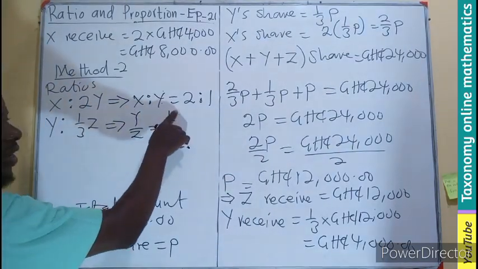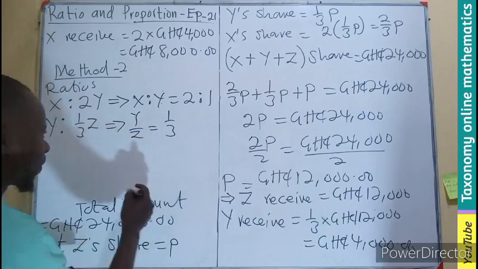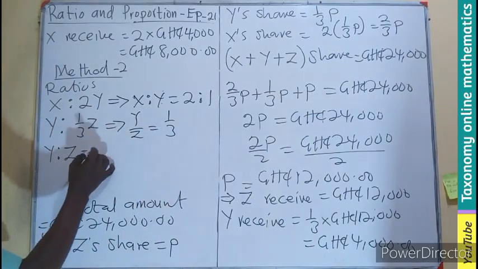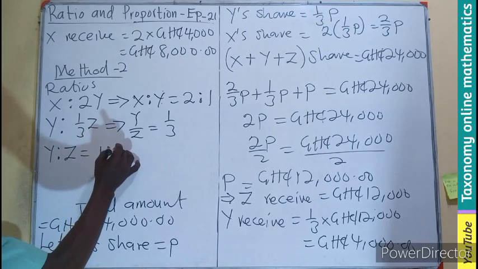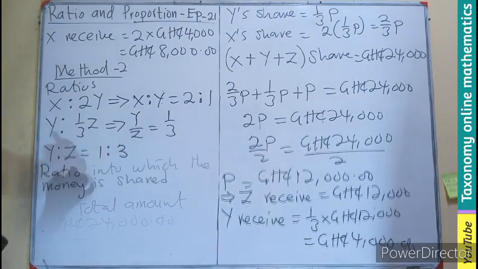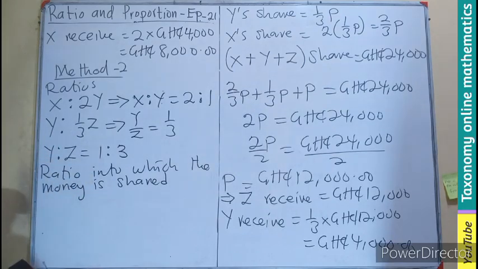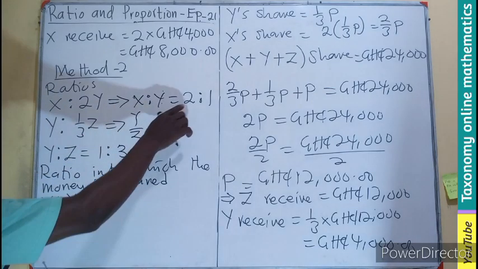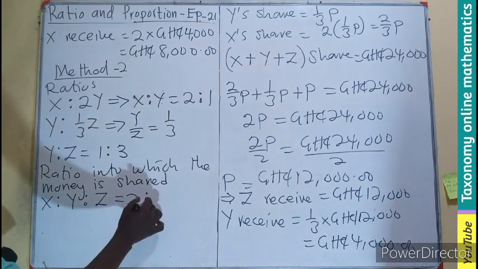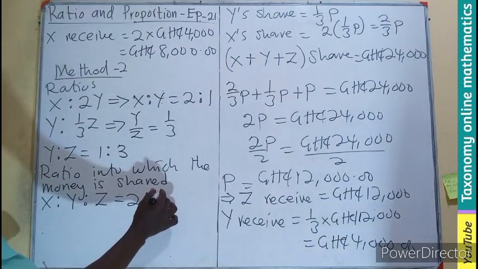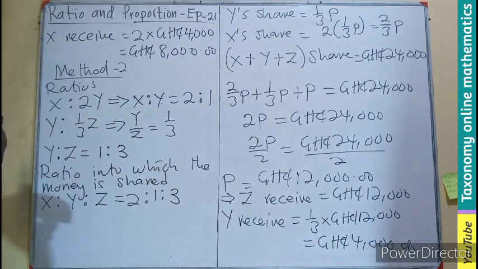Meaning Y is 1 and Z is 3, so Y is to Z equals 1 is to 3. So the ratio into which the money will be shared, X is to Y is to Z, is X taking 2, Y taking 1, and Z taking 3.